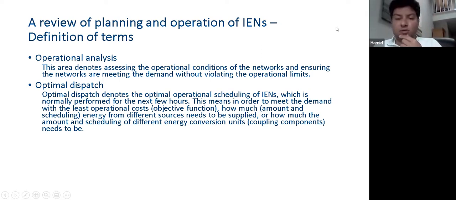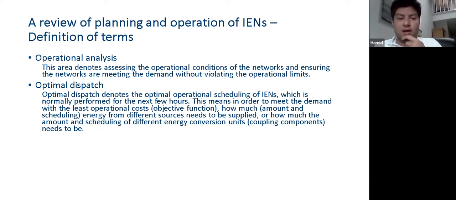This means that, in order to meet the demand with the least operational cost as the operational objective function, we determine how much energy from different sources needs to be scheduled, and also how much the coupling components should work.